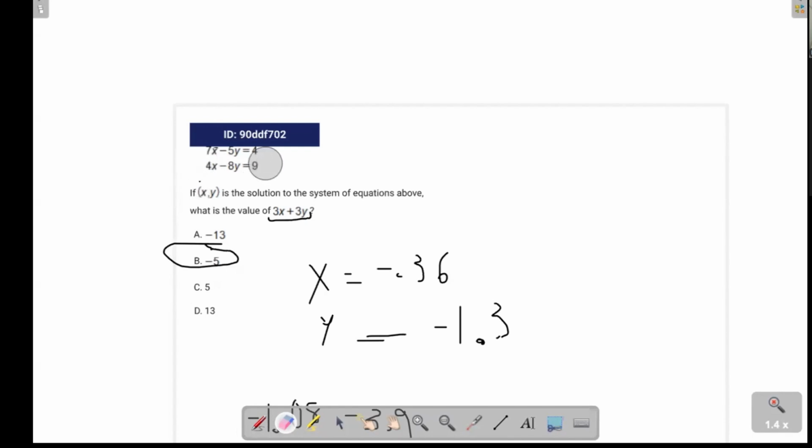But if it's one like these, it's going to be easier to use Desmos, and you're going to save yourself a lot of time on the SAT. It's just personal preference, but I prefer using Desmos.